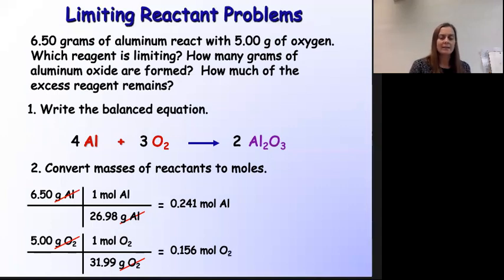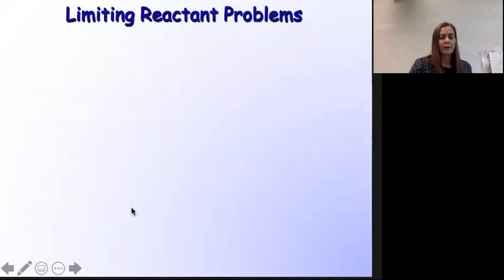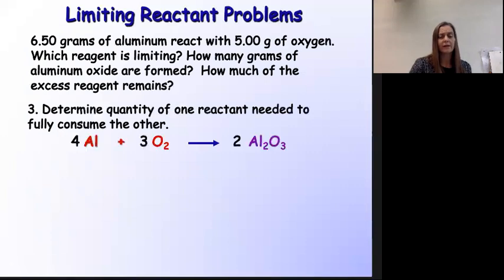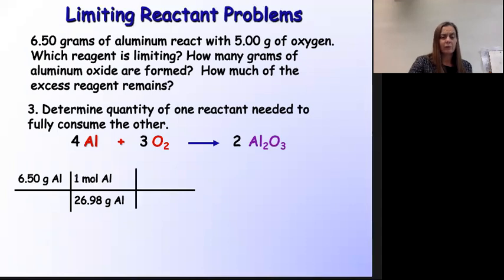Now, I can't simply look at these and say, well, I have less oxygen than I have aluminum, because I also need to take into consideration those coefficients on the aluminum and the oxygen. So what I'm going to do next is determine the quantity of one reactant that would be needed to fully consume the other reactant. Instead of converting to product, like we sometimes do with our stoichiometry problems, we're going to convert to moles of oxygen.